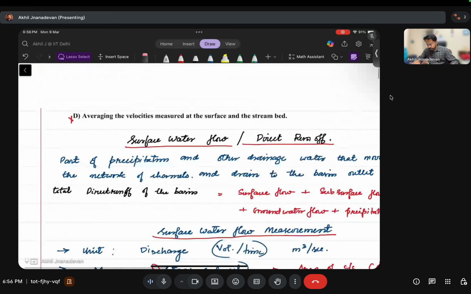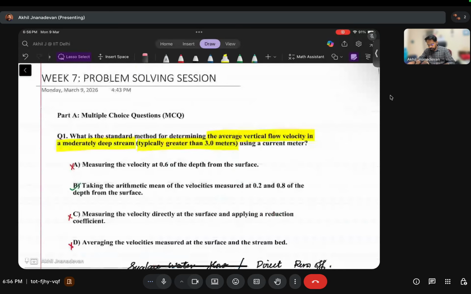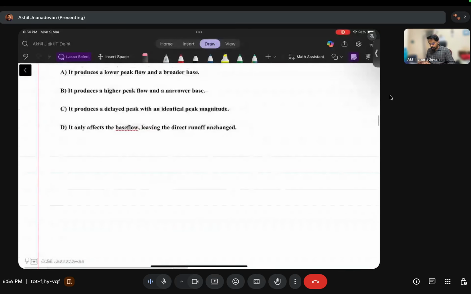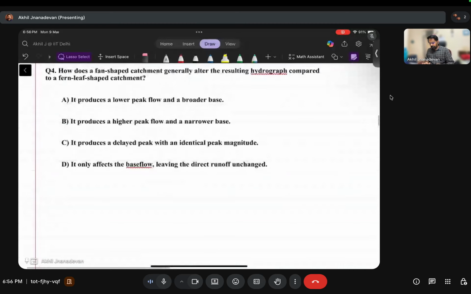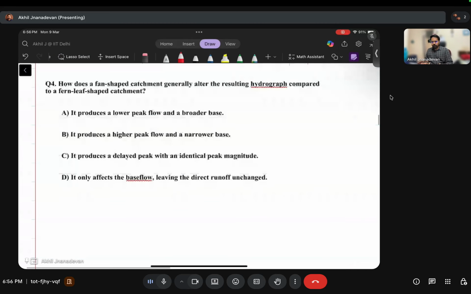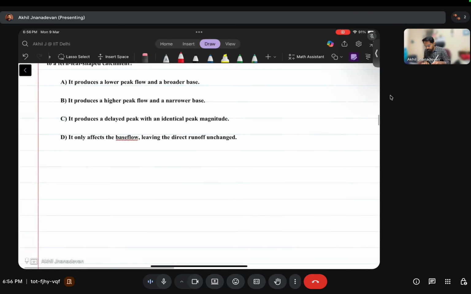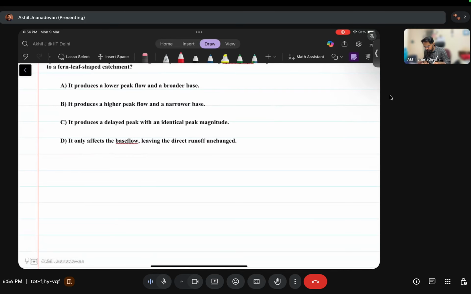Before going to that, I hope one thing is clear. If they ask about the streamflow hydrograph of a catchment, we are measuring the hydrograph at the outlet point of the catchment. That you have to remember. So we are taking two cases.